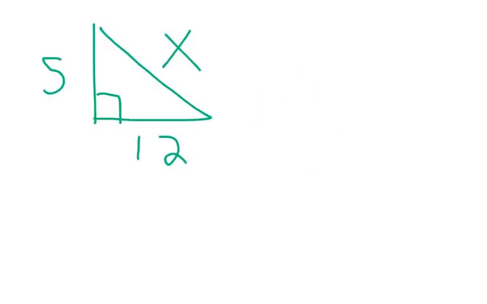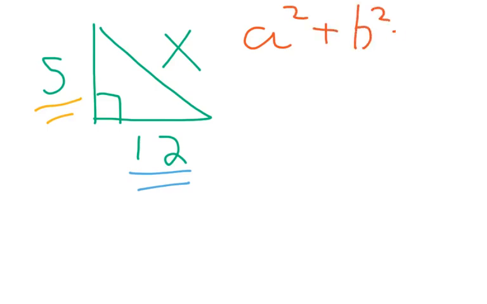Let's try another one together. Let's say that they gave me this right triangle, and they want me to figure out what x is, or what the hypotenuse is. So I have 5 for my side A, and I have 12 for side B. So again, just to remind you, the Pythagorean theorem formula is a squared plus b squared equals c squared.